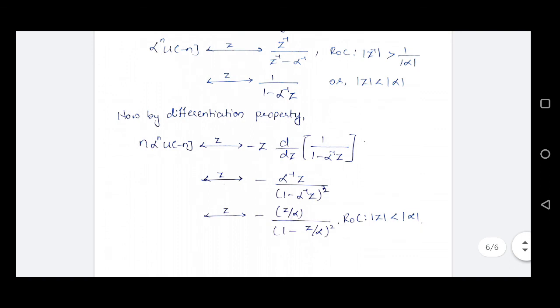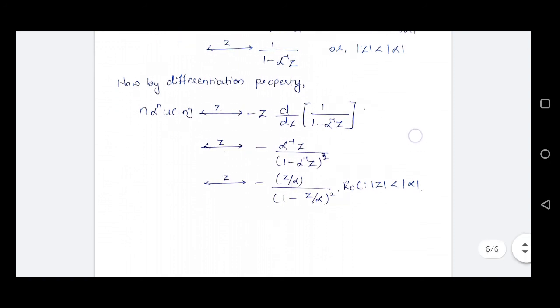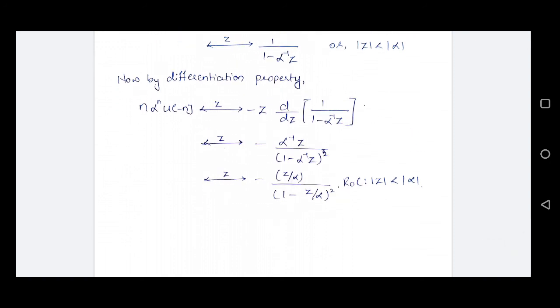Taking the first derivative and multiplying by minus z, we can rewrite it as minus alpha^-1 z divided by (1 - alpha^-1 z) whole squared. Rearranging, we can rewrite it as minus (z/alpha) in the numerator, divided by (1 - z/alpha) whole squared in the denominator, and the region of convergence will be mod of z less than mod of alpha.